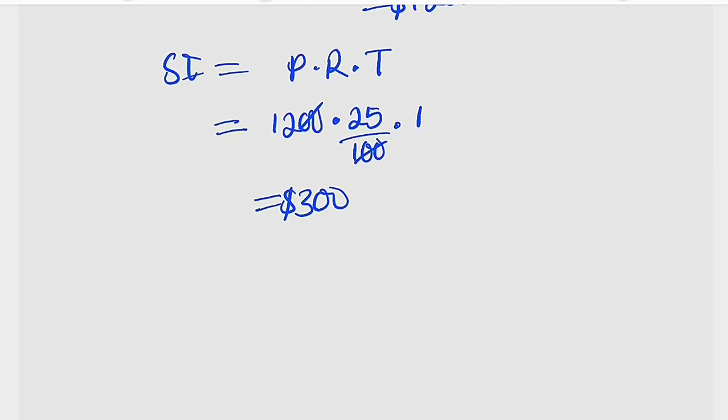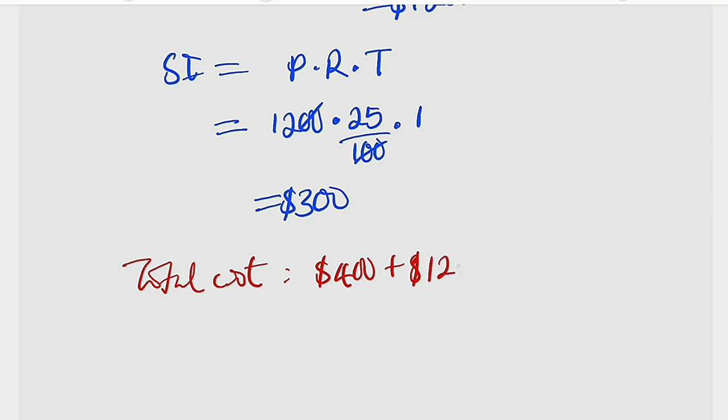So the interest is going to add on top of this 1,200, which would be 300. Remember, we were asked to find the total cost of the television. Total cost would be the amount he deposited initially plus the outstanding amount, that is 1,200, plus the interest, which is 300.